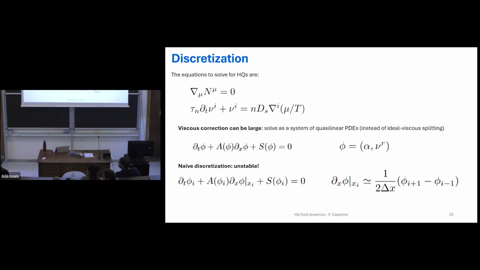Yes, that's why also we can solve all together. Otherwise, we need many more equations.